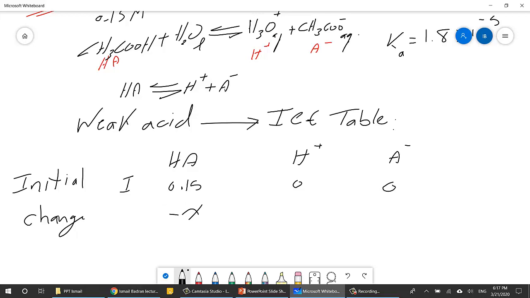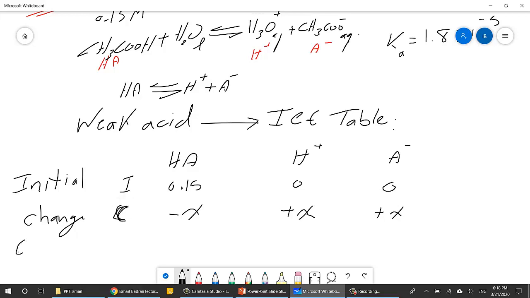Because this is a 1-to-1 reaction, that means it's 1 mole to 1 mole, then we have plus X here. And because the A minus has the same stoichiometric value as the H plus, that's going to be also plus X. So this is the change.